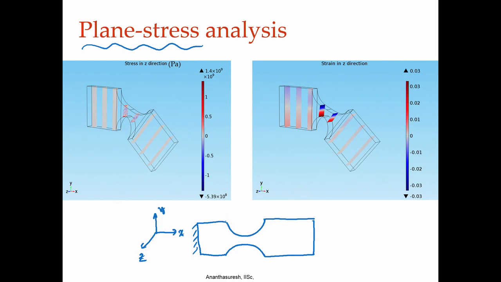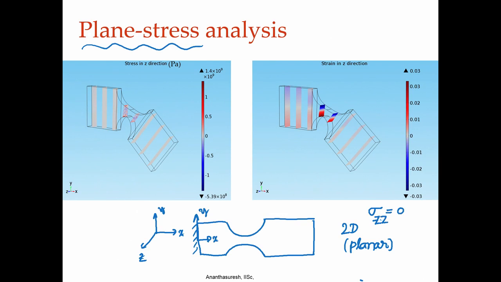So, there is thickness, but I want to do planar or 2D analysis, because that way I can get away with much less computation as compared to 3D analysis. Then I choose an element that says plane stress. What it means is that if this is my x direction and y direction, z is out of plane, then plane stress condition means that sigma z equal to 0.